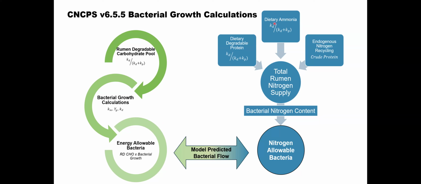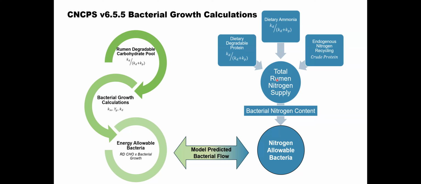So now we shift over here, and we don't ignore the carbohydrates, but they're out of the picture for the moment, because now we have to say how much dietary degradable protein do we have, how much dietary ammonia, how much endogenous nitrogen are we recycling, whether that is urea and/or just endogenous protein from the surface of the cells and things like that, from the mouth through the gastrointestinal tract.